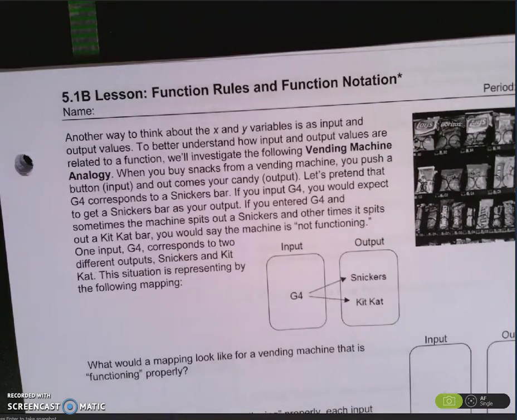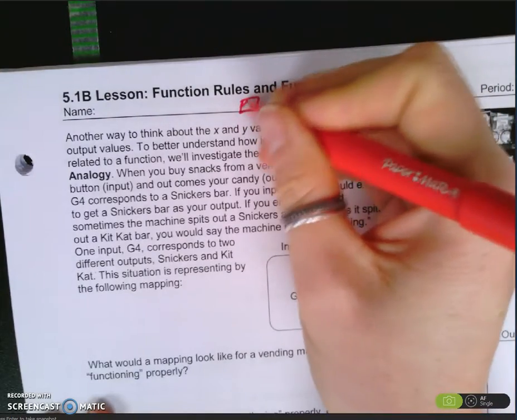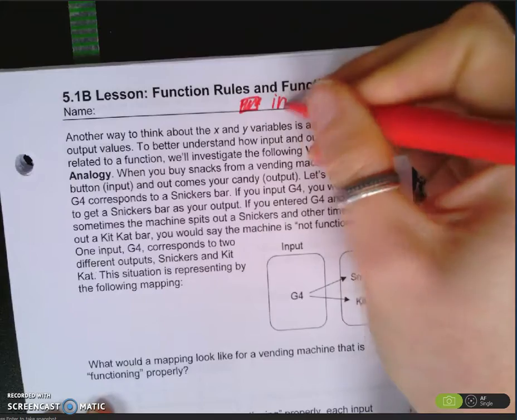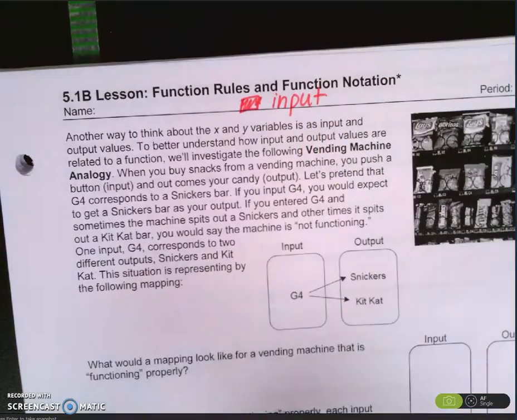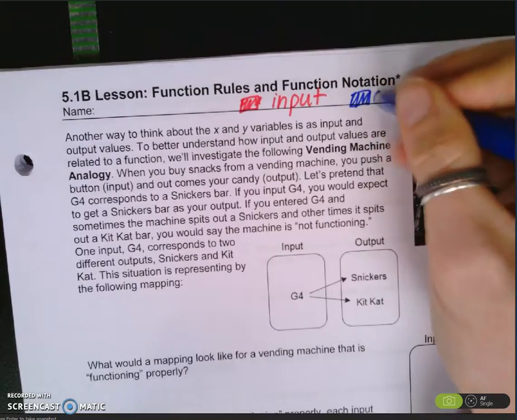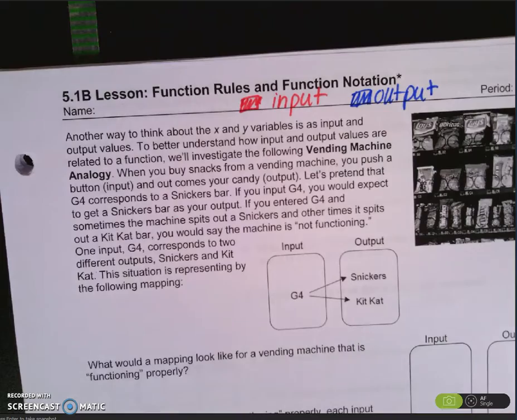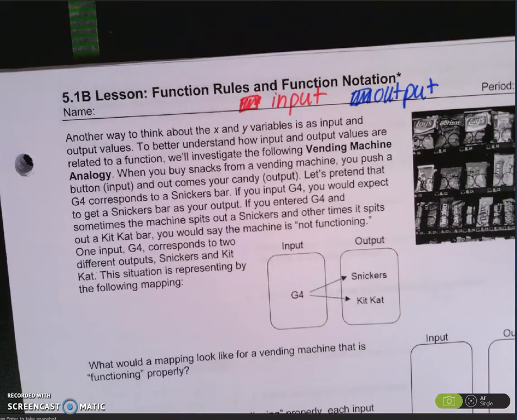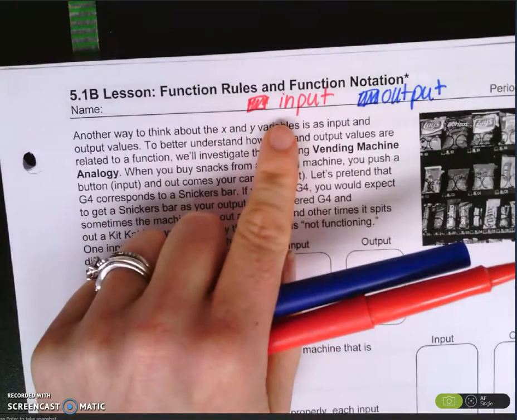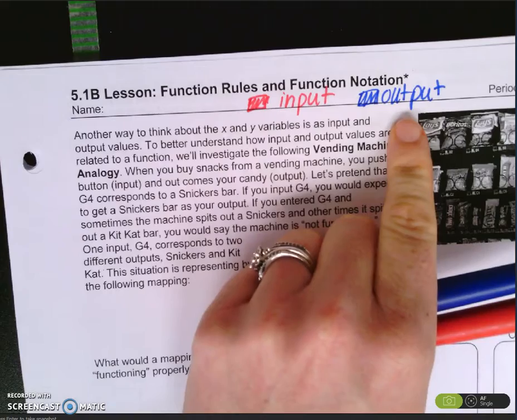The first thing I'd like you to do is, with your two colors, assign one color to input and another color to output at the top of your page. Take 3 minutes to go through your entire lesson and underline in the input color anything that talks about the word input, and in your output color anything that talks about the word output.